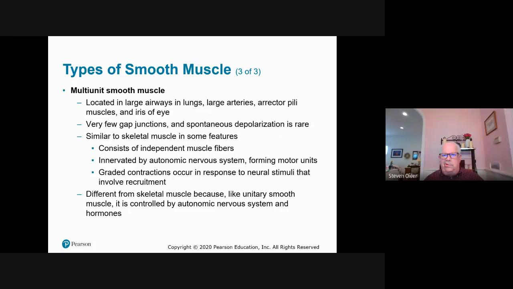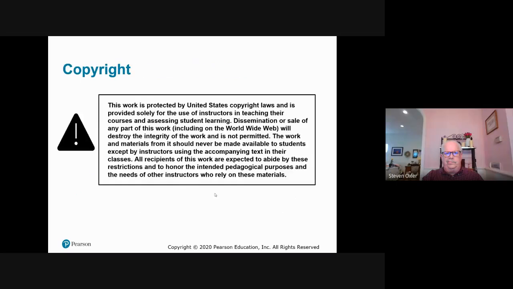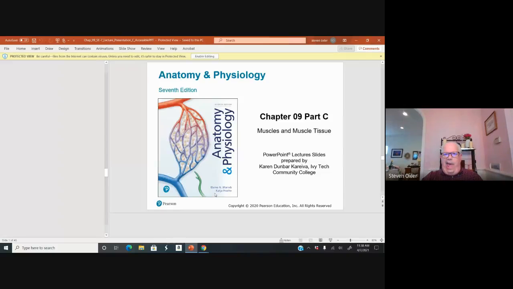And the iris controls the opening and closing of your pupil. So multi-unit smooth muscles. Know where the unitary smooth muscle is and know where the multi-unit smooth muscle is. I'm not going to ask you to dig into it. Just know where they are. And that is it.